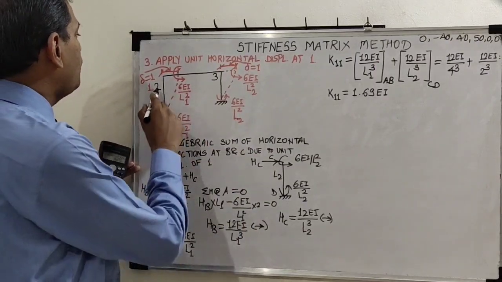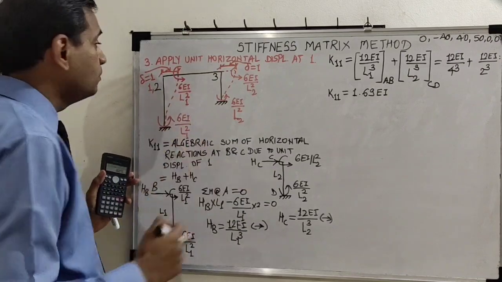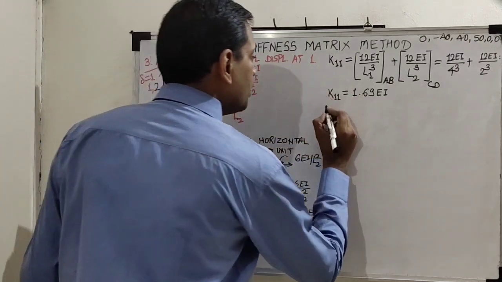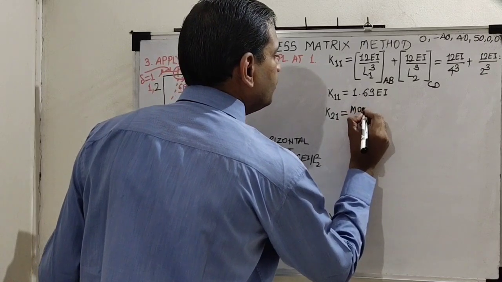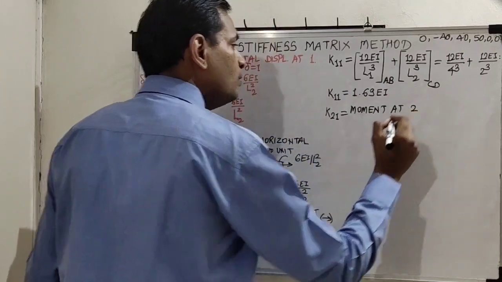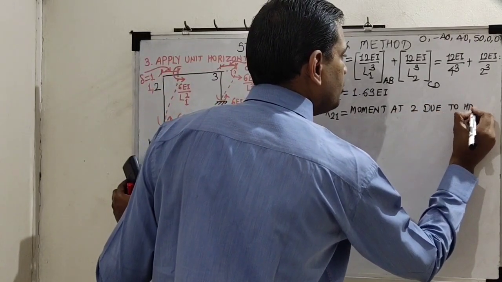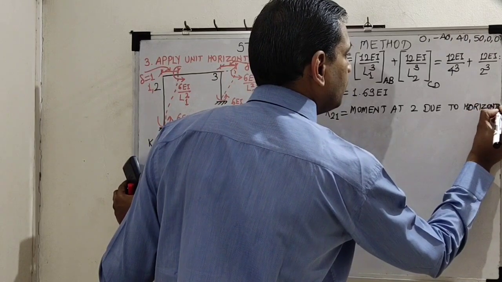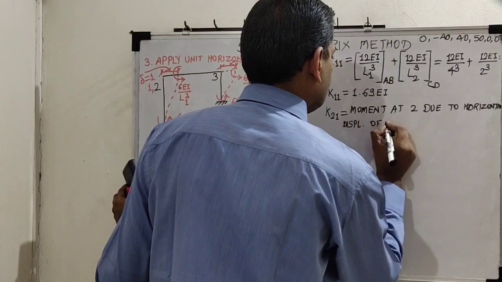Now see your second location here. Second location corresponds to rotation. So we will have to see how much is the moment. So what is the second value? K21 is the moment at 2 due to horizontal displacement of 1.